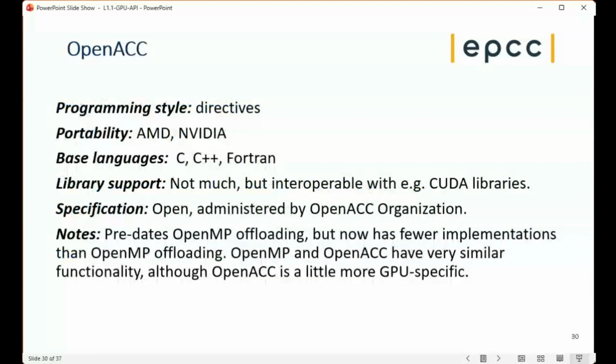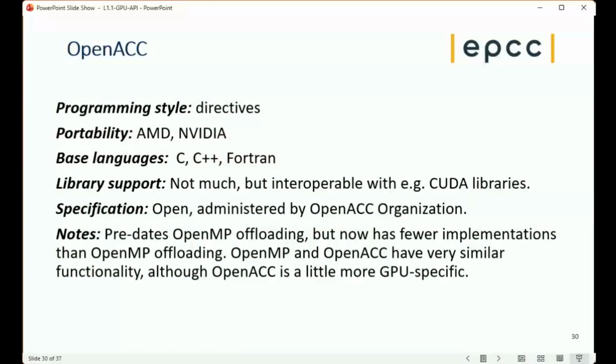OpenACC predates OpenMP. When GPUs started to become available in the HPC space, people wanted to use them, and directives were a very good way of doing it. But it was going to take a while for OpenMP to extend its specification to include them. So OpenACC was a directives-based approach, around for a long time, to allow you to program GPUs in a directives-based style.